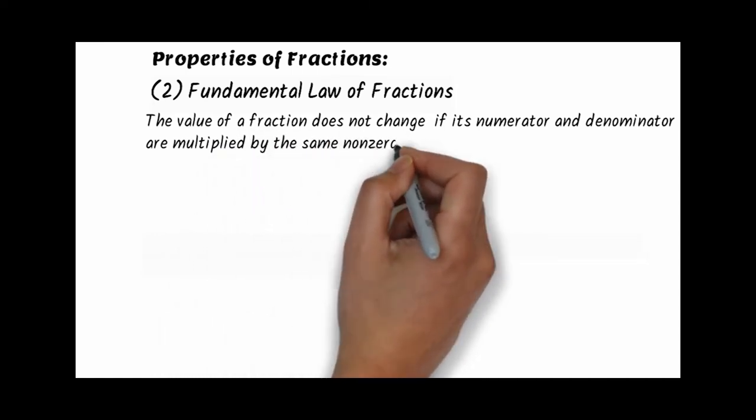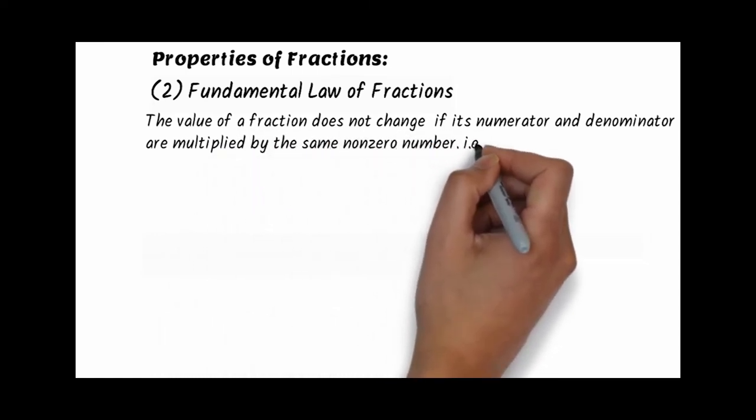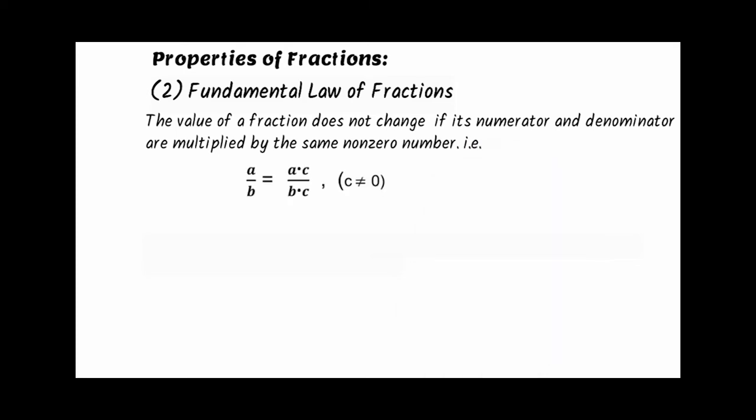For instance, if I have a fraction a/b, where b is a non-zero number, and both the numerator and the denominator are multiplied by another non-zero number c, then the value of this new fraction is exactly the same as the original a/b.